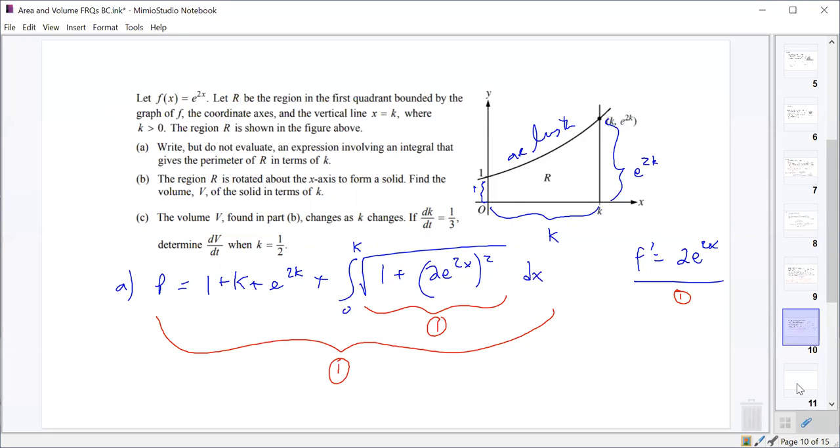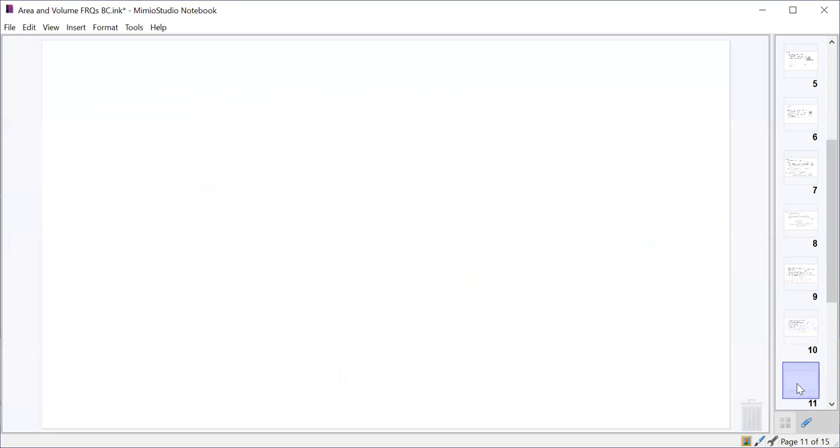And so we should be able to start off with our volume is equal to pi times the integral from 0 to k of our radius, e to the 2x, squared dx, and e to the 2x squared is just e to the 4x.